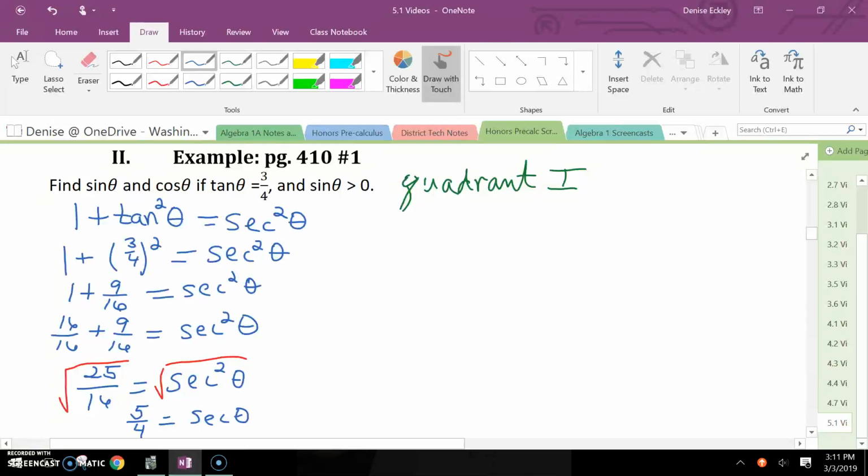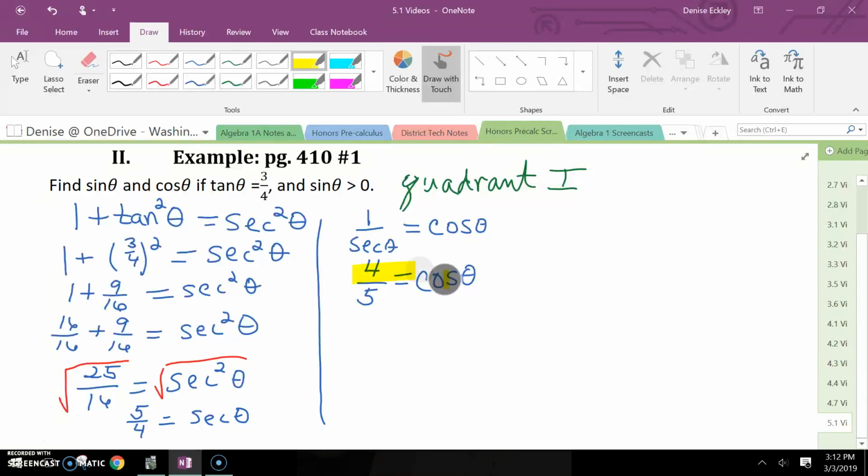Well, another identity that we have is that 1 over secant theta is cosine theta, and that's our reciprocal identity. So we just have to take the reciprocal of secant theta. That means cosine theta is going to be 4/5. So we have one of our two answers so far.